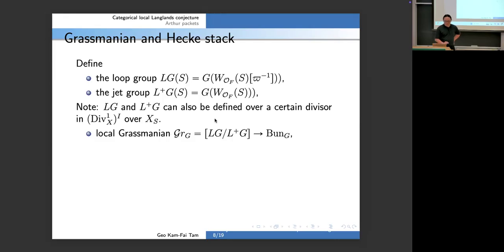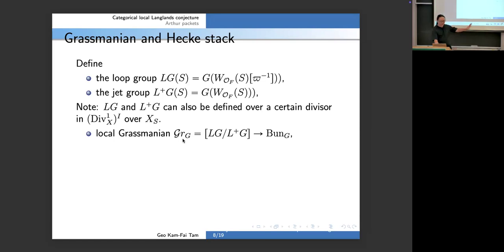Let me continue. So we have this local Grassmannian. This is the moduli stack, sorry, the quotient stack of LG by L plus G. This Grassmannian has a description using G-bundles and an isomorphism between this bundle and the trivialization over the punctured disk.